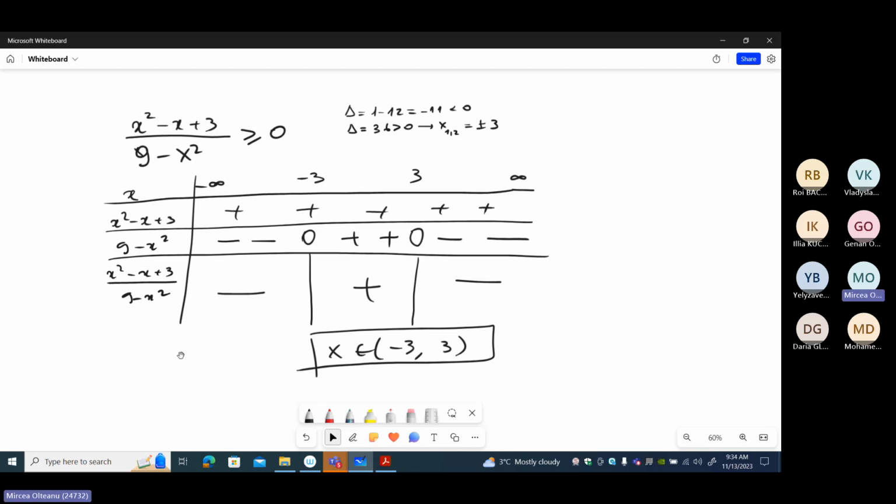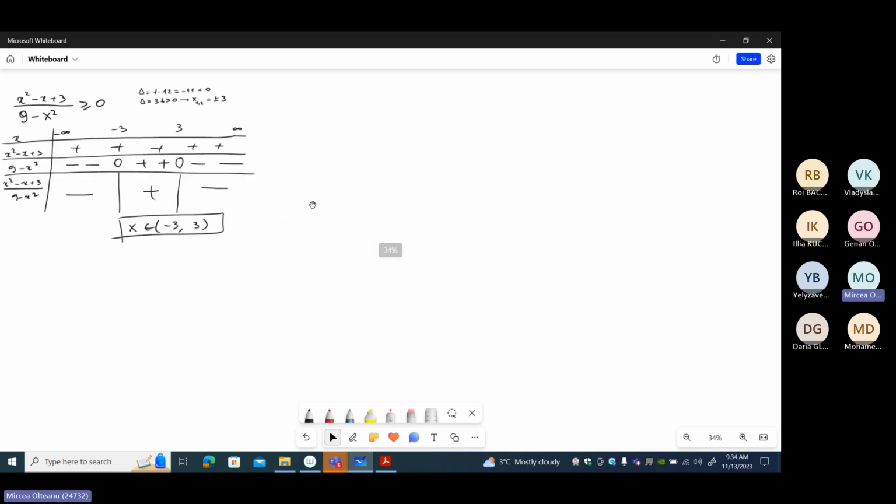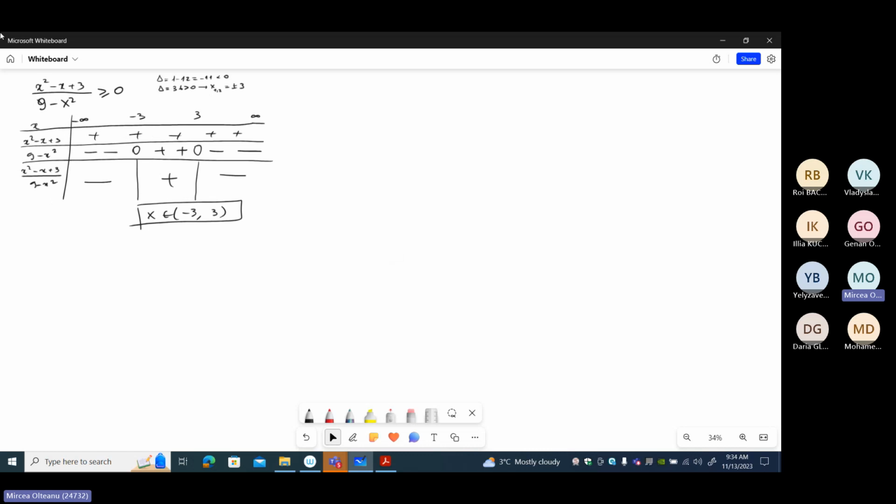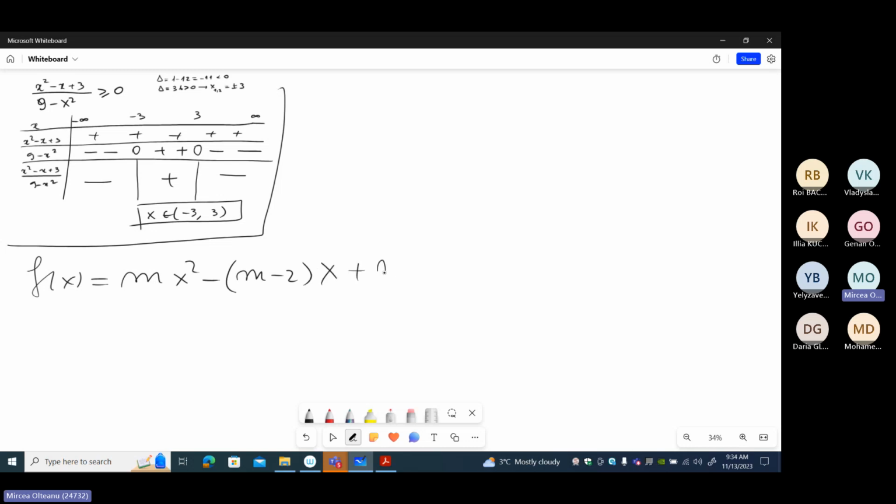Now let's see another example about the quadratic function. Here you are, an exercise. Consider the function f of x equals m x squared minus m minus 2 times x plus m plus 1. This is a quadratic function.